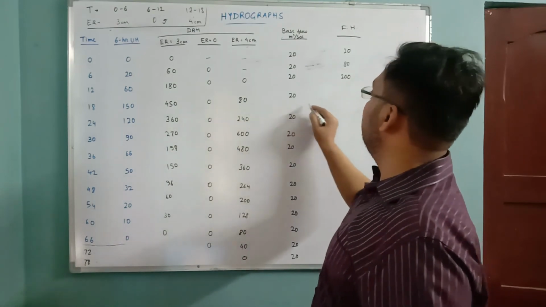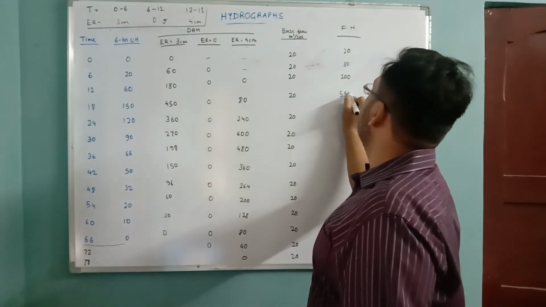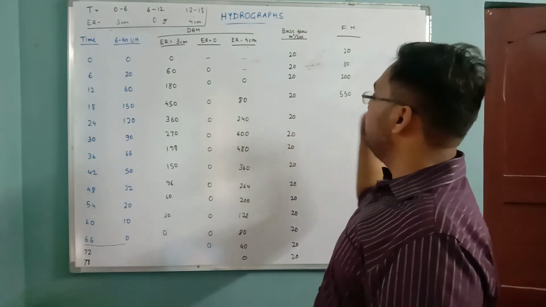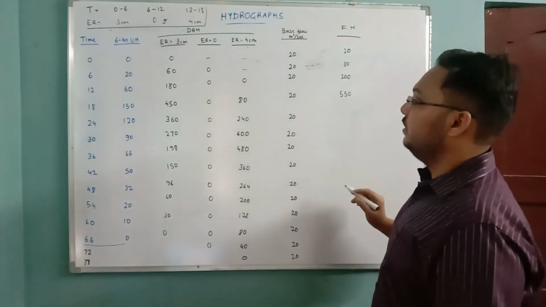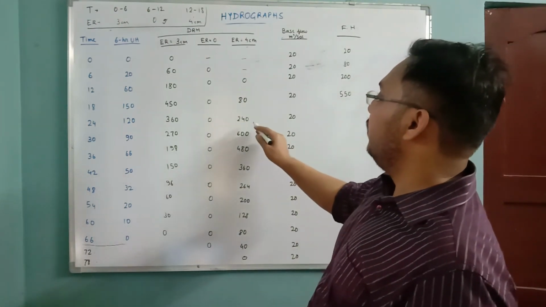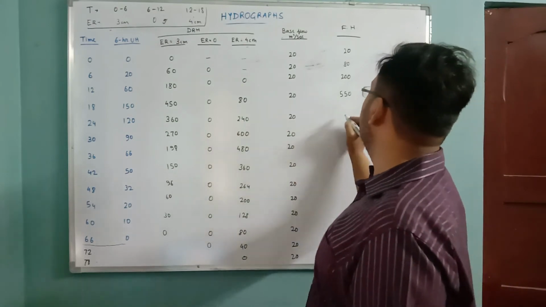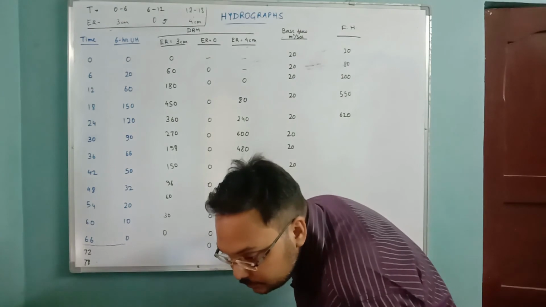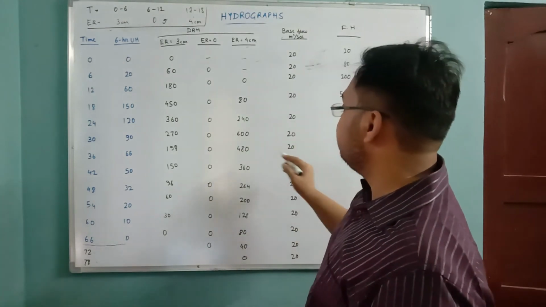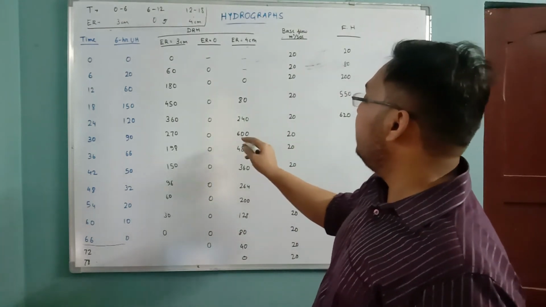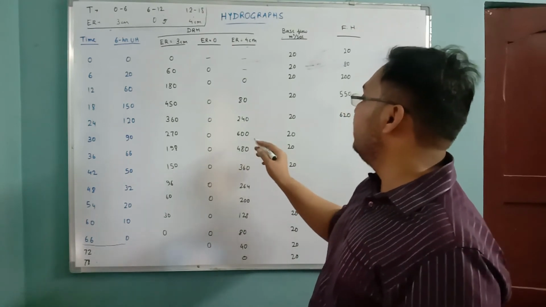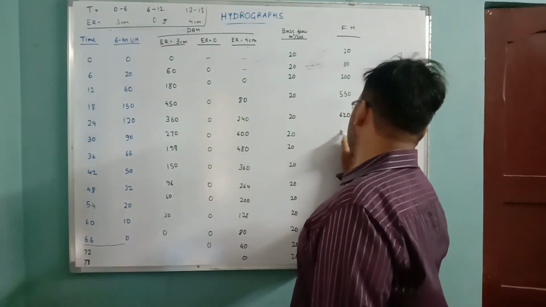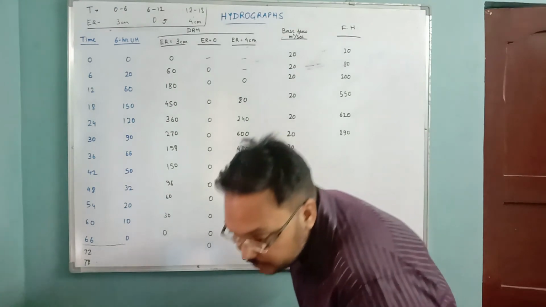Now this one will be 450 plus 80 plus 20, that is equal to 550. 360 plus 240 will give us 600, plus 20 will be equal to 620. 270 plus 600 will be equal to 870, plus 20 will be equal to 890 meter cube per second.